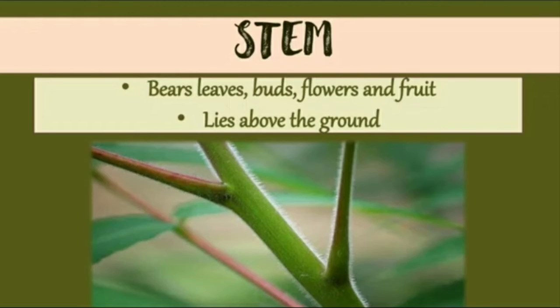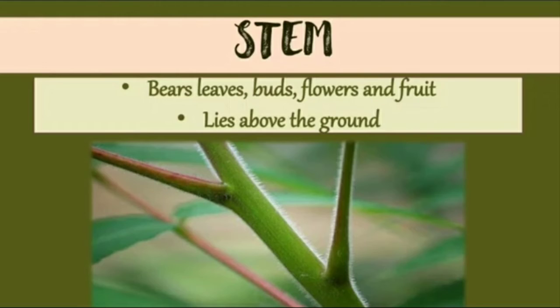Children, the stem grows above the soil from the plumule of the sprouting seeds, right? As the sprout grows, the length of the stem gradually increases too. There are nodes on the stems and leaves come out at the nodes.